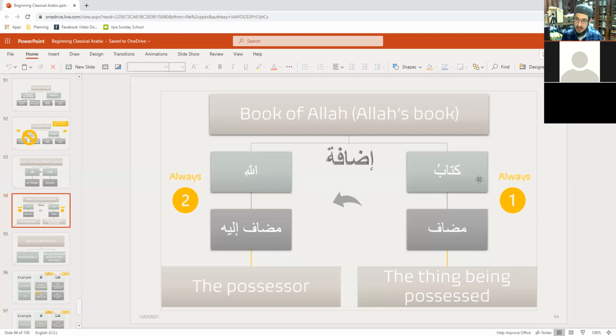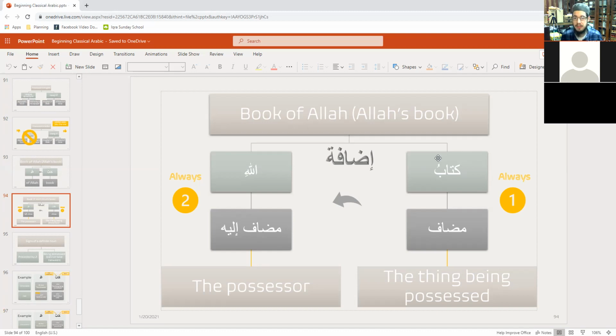It is definite, it is ma'rifah, but it is definite by virtue of it being possessed by the second part of the construction. So it can change from dhamma to fatha to kasra depending on our sentence. It could be kitabu Allahi, it could be kitabi Allahi, or it could be kitaba Allahi. But it is never going to have alif lam, and it is never going to have a tanween. It's never going to be kitabun Allahi, kitaban Allahi.